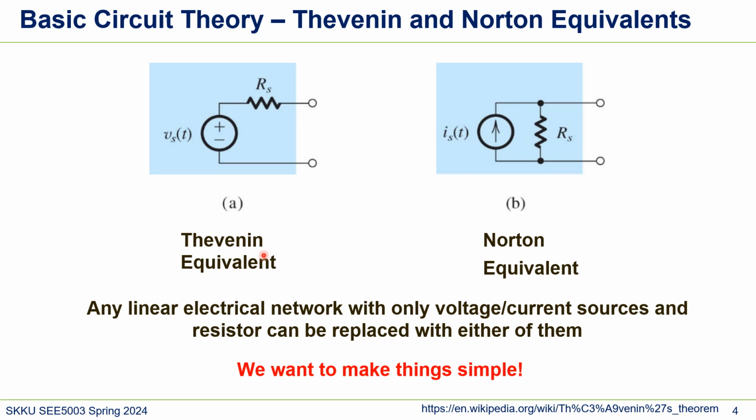Also, the proof that any electrical circuit can be replaced this way is in Thevenin's original paper. If you go to this Wikipedia page, you can check. I think they explain it really well.